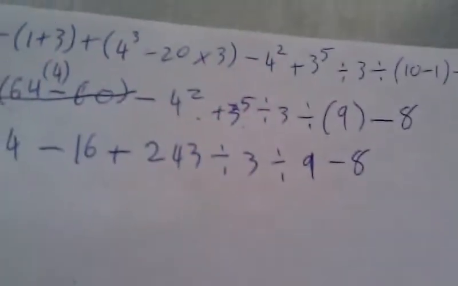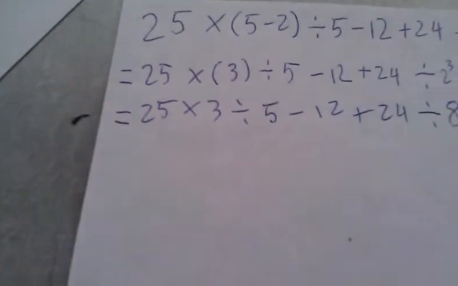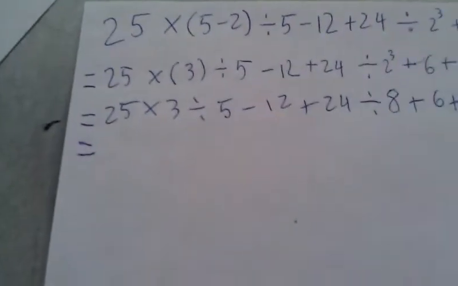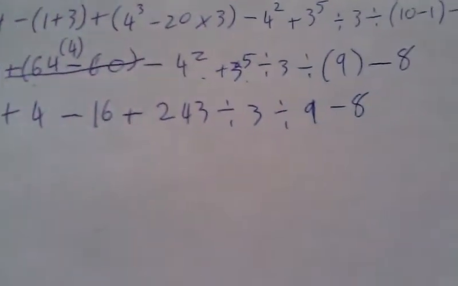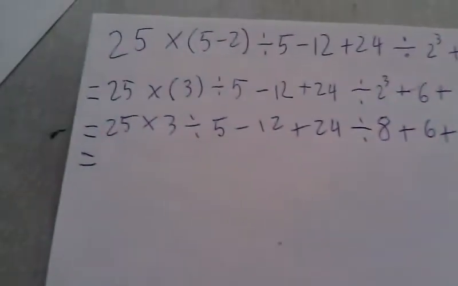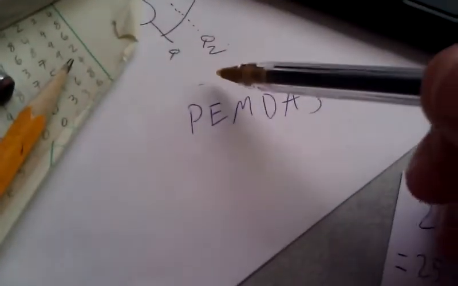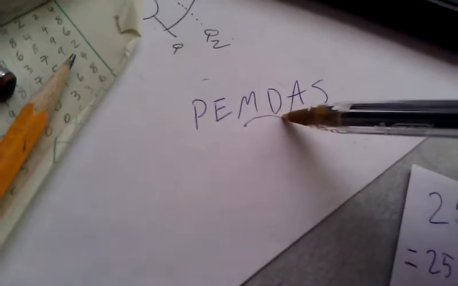Okay, so we basically start over and we go left to right. PEMDAS, there's no more parentheses, no more exponents. So the next thing on our list is multiplication and division.